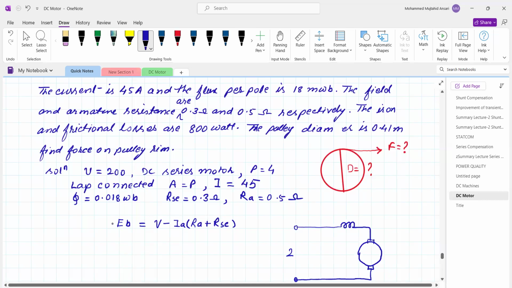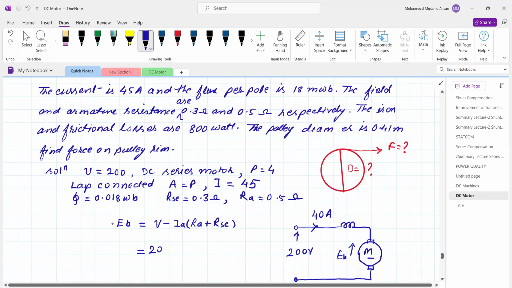Voltage is 200 volt, current is 45 ampere. This is the motor, and here it will give the back EMF, EB. Definitely EB should be smaller than the supply voltage.